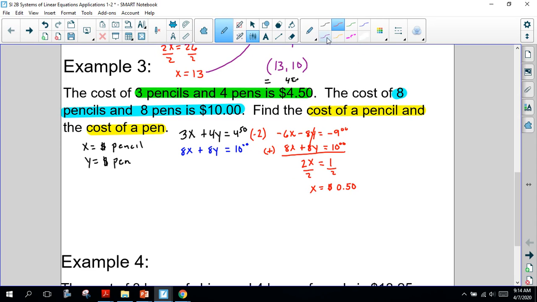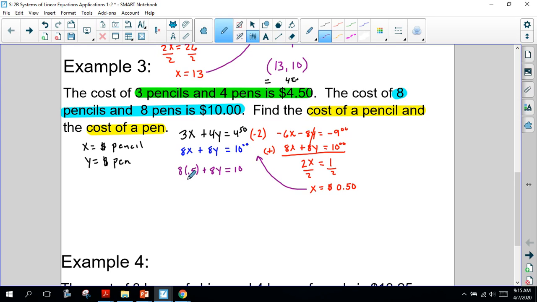All right, we've got our answer for x. We know the cost of a pencil is 50 cents. I need to take that value and plug it into one of my original equations, and the second equation is convenient to work with. So 8 times 0.5 plus 8y equals 10.